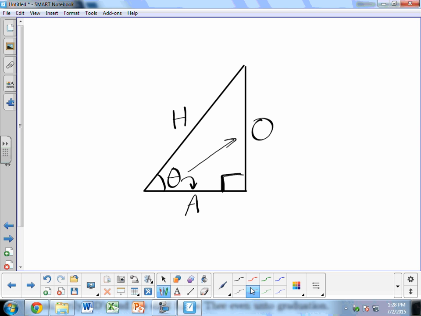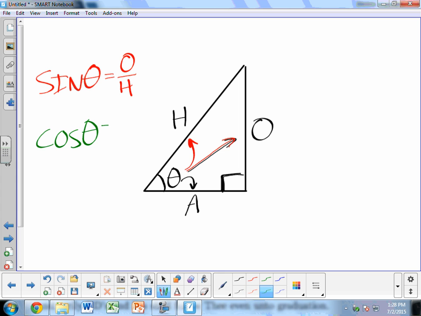The sine of theta equals the opposite over the hypotenuse. The cosine of theta is the adjacent over the hypotenuse, and the tangent of theta is the opposite over the adjacent.